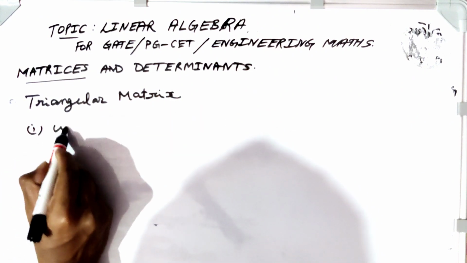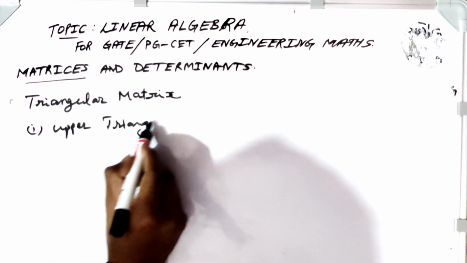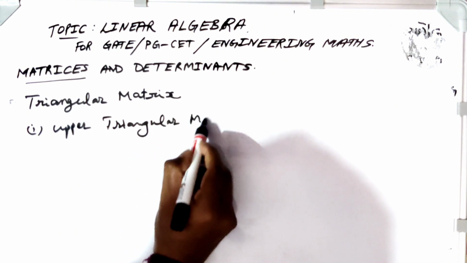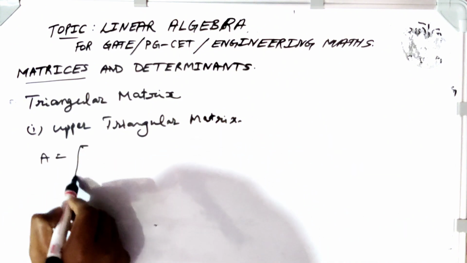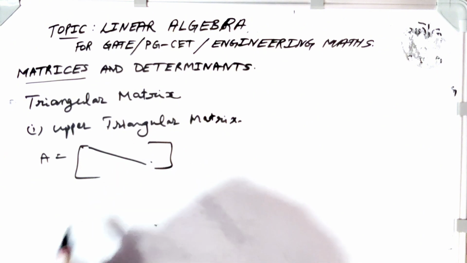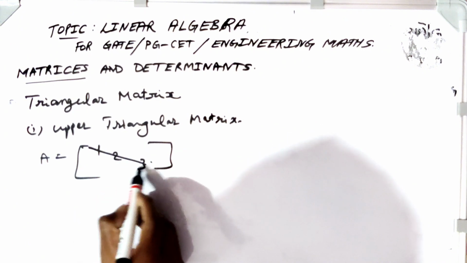First we will discuss upper triangular matrix. A is said to be an upper triangular matrix. So these are the diagonal elements 1 2 3.